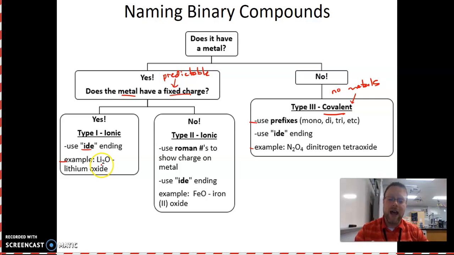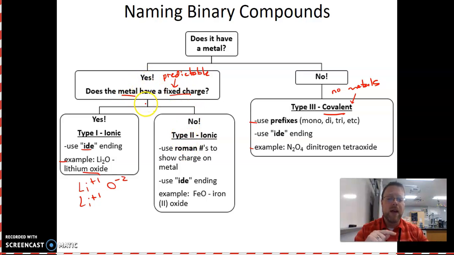The reason is that if someone looks at the name lithium oxide and wants to go back to the formula, lithium is a +1, oxygen is a -2, and so they would predictably say it takes 2 lithiums to balance the charge of 1 oxygen, since each lithium is +1 and the oxygen is -2.